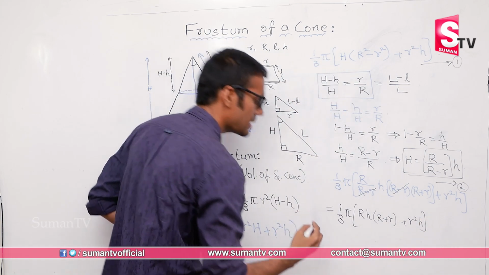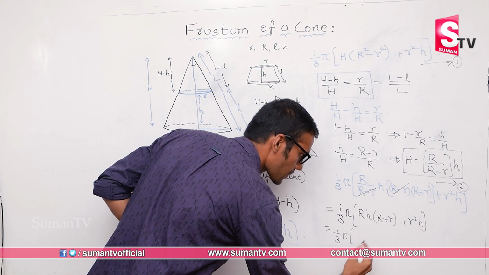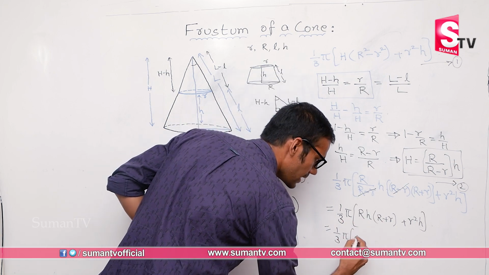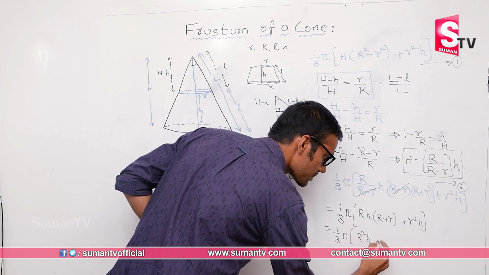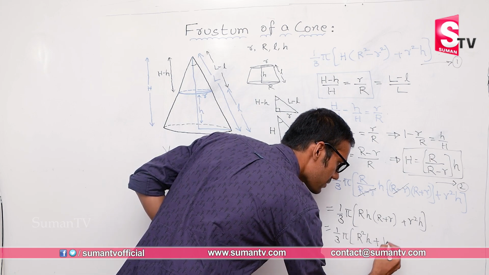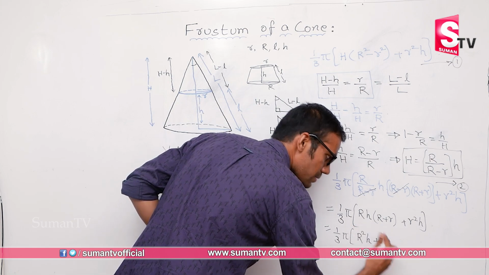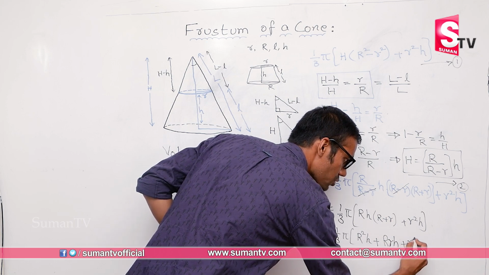If you further simplify this, what do we get? 1 by 3 pi, capital R h into capital R will be capital R square small h, plus capital R small r small h, plus small r square h.